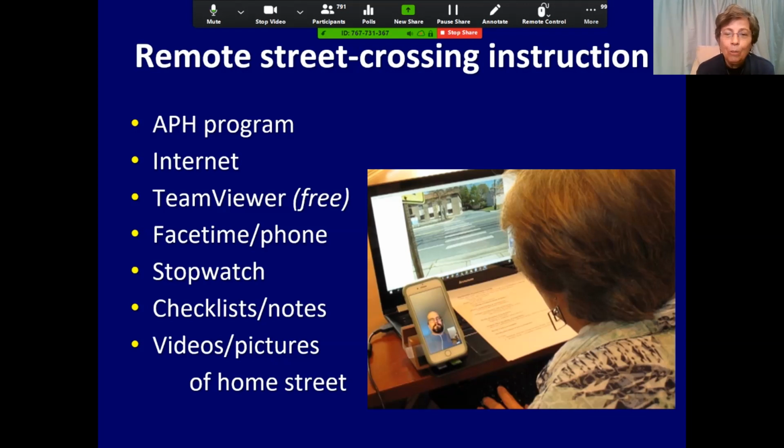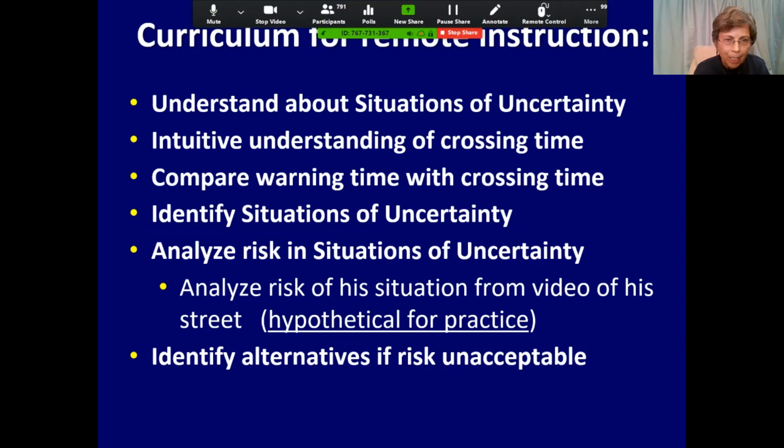So his TeamViewer worked fine. We had FaceTime on the phone. I had my checklists and my notes. And I had gone to his intersection and got some videos and pictures of his situation so that we could be discussing them over the phone, over the internet.